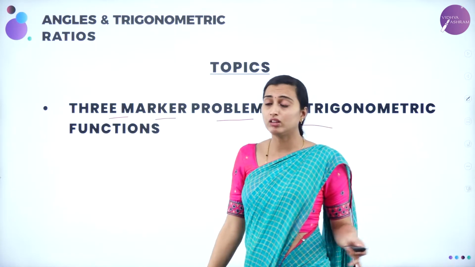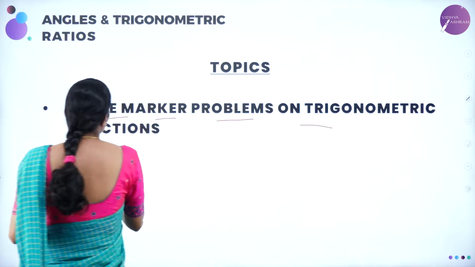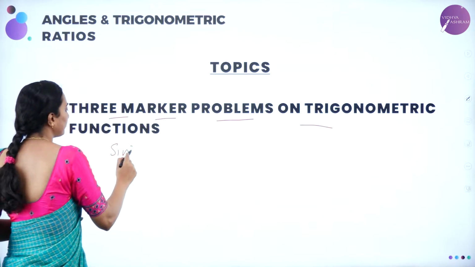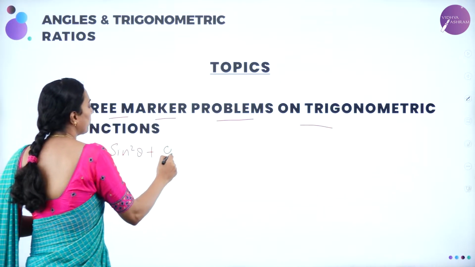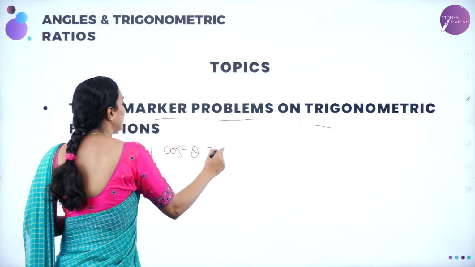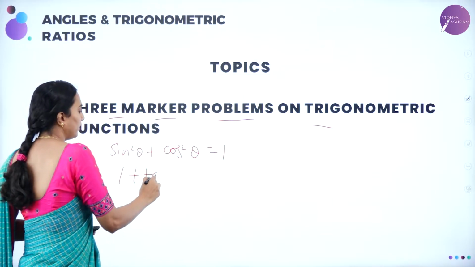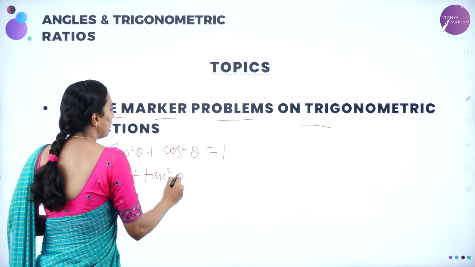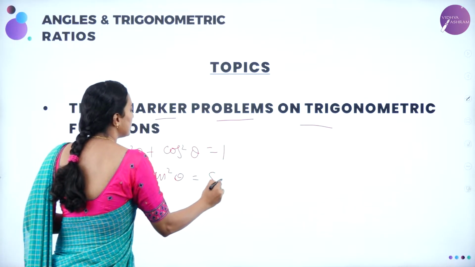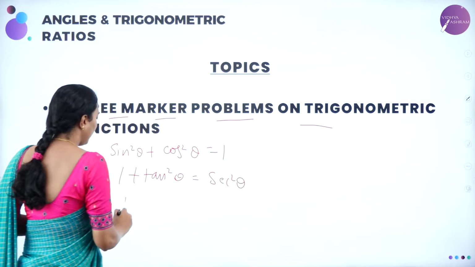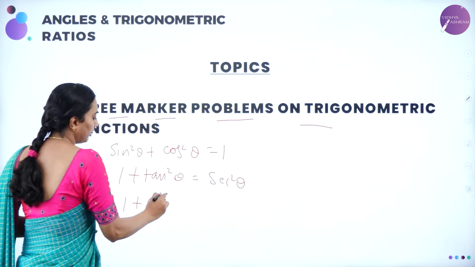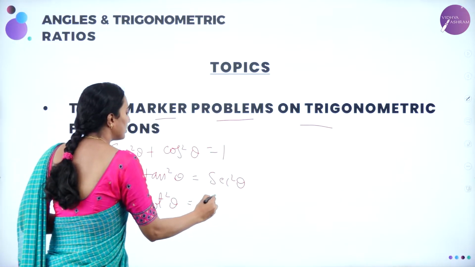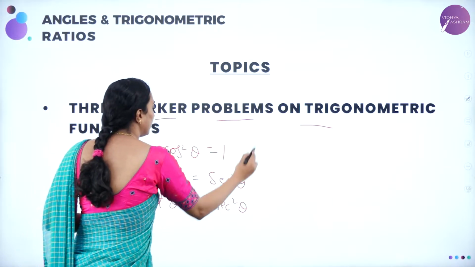You should remember all the formulas. What is that? Identities: sin squared theta plus cos squared theta is equal to 1. 1 plus tan squared theta is equal to secant squared theta. Again 1 plus cot squared theta is equal to cosecant squared theta.